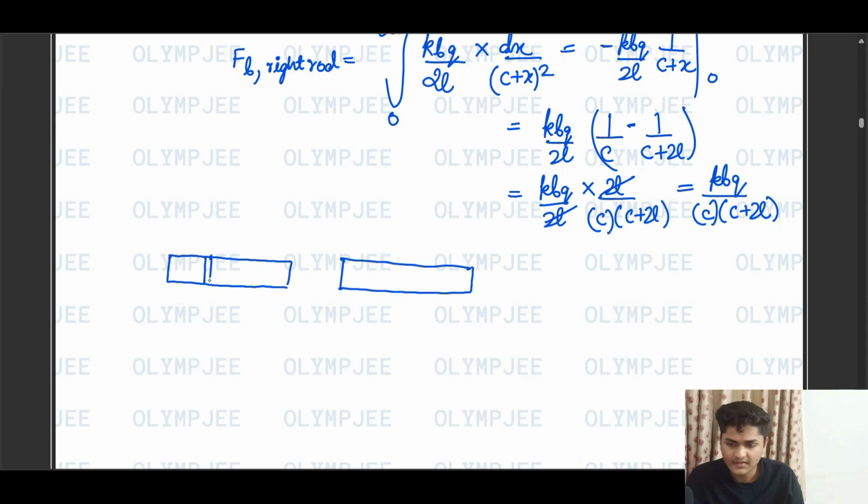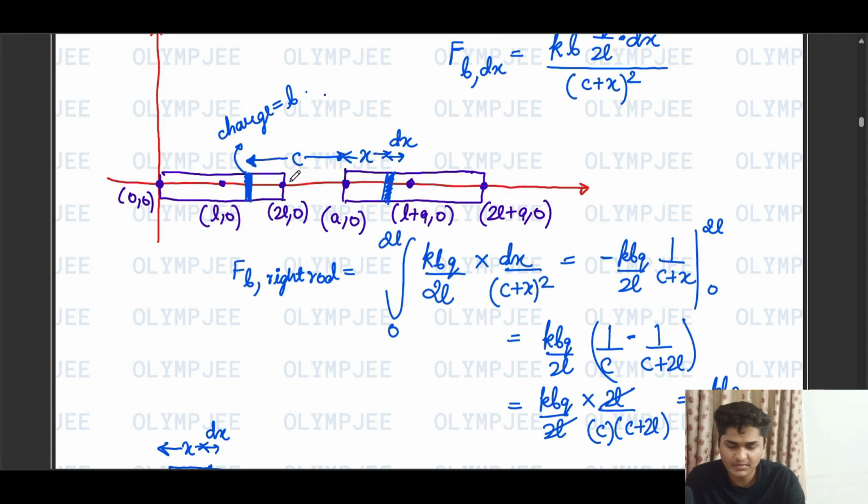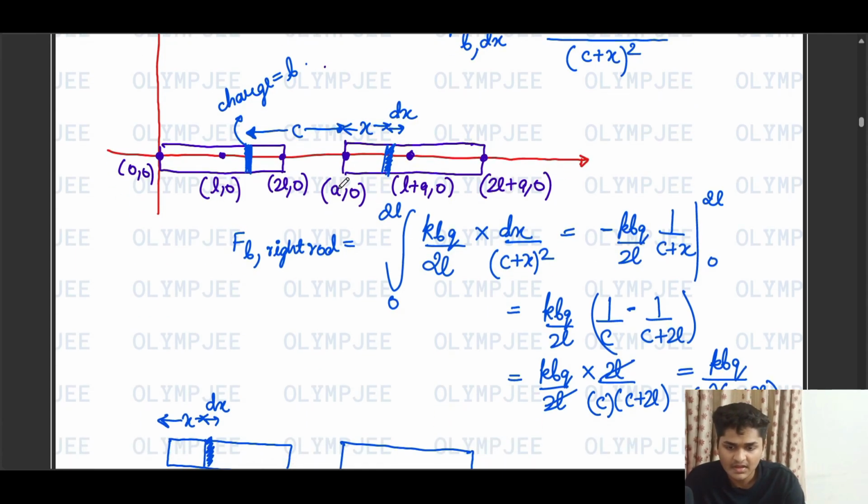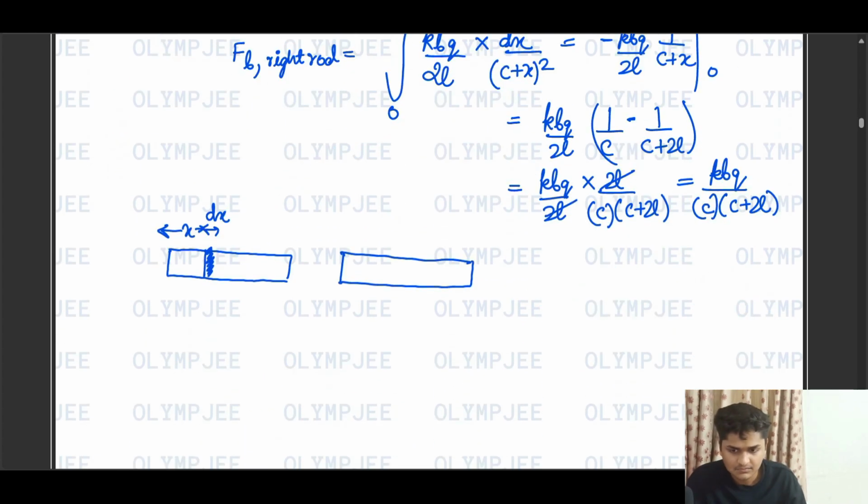If we take an element at a distance x from the origin, so we know that the distance between the right end of left rod and left end of right rod is a minus 2l.